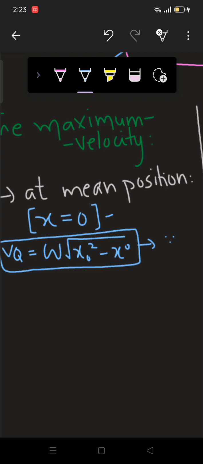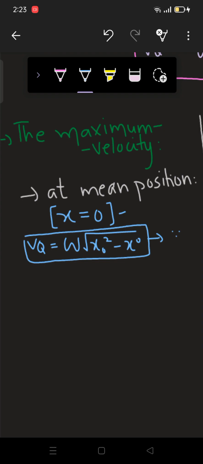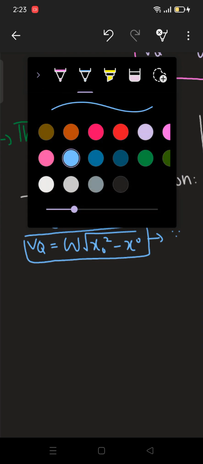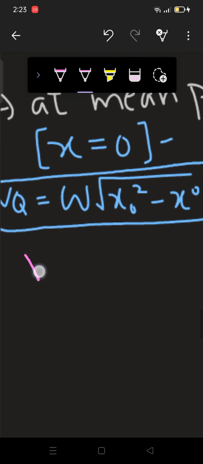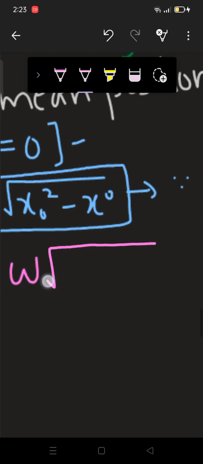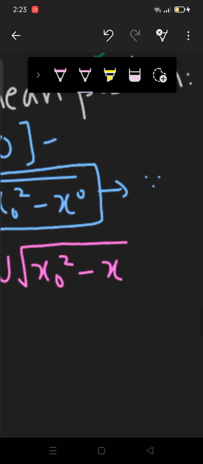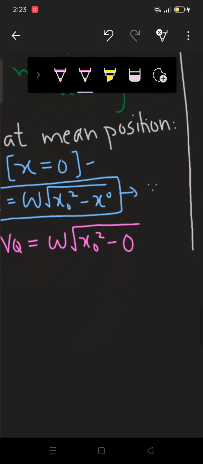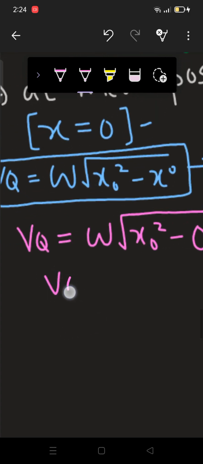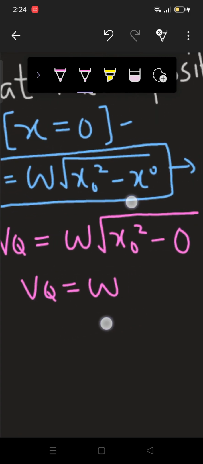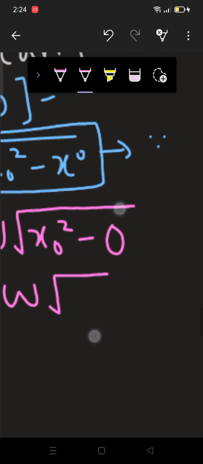So let's substitute the x value in the formula. vq is equal to omega radical x naught square minus x square, and instead of x square I can write 0 square, which is 0. So vq is equal to omega radical x naught square minus 0, which is x naught square.